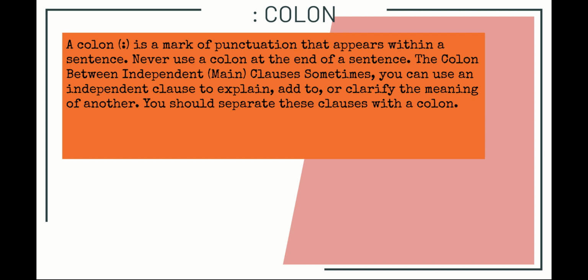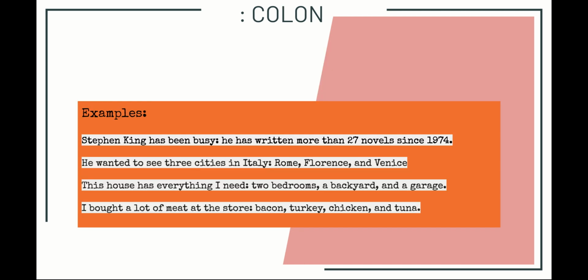Okay, a colon. So once again, colons never go at the end of sentences, they always go in the middle. And colons will go usually before a list or before something that you want to emphasize. So here's some examples. Stephen King has been busy: he has written more than 27 novels since 1974.